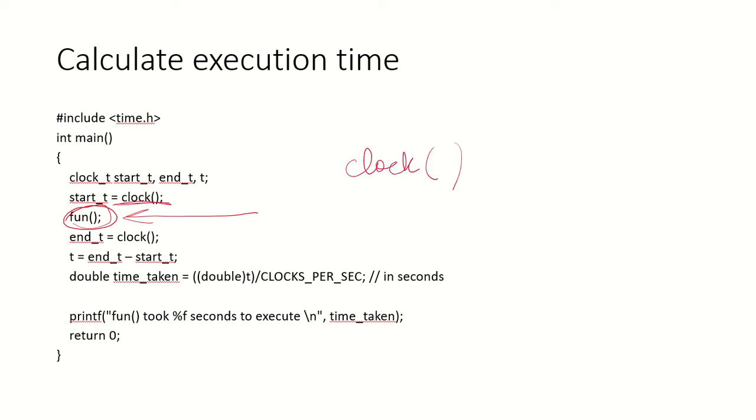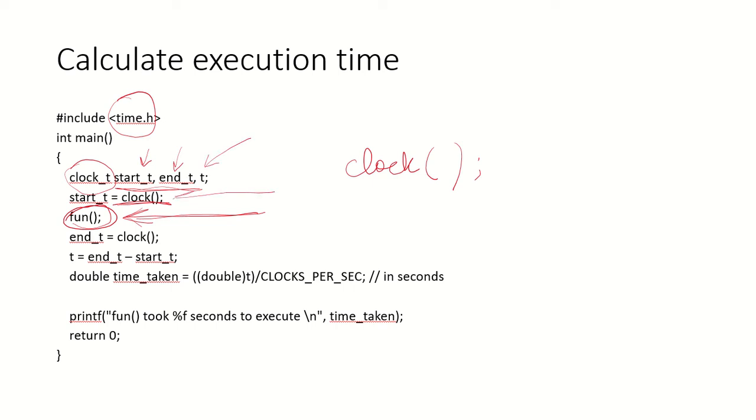This function returns the clock ticks that elapse when a particular function is being run or called. Here we have declared variables of the clock_t type. This is a library that can be used, time.h, and we define two variables, start time and end time, and the total time that has elapsed.